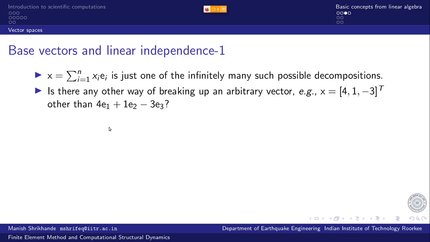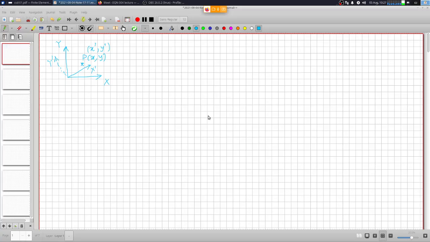So is there any other possibility of representing this position vector? What we are trying to do is define this position vector, oh sorry, this is the position vector, in terms of a new frame of reference.